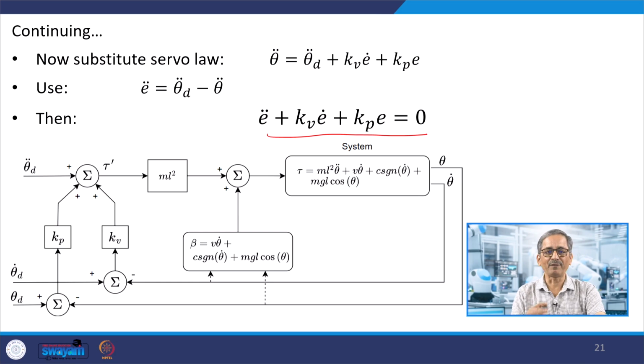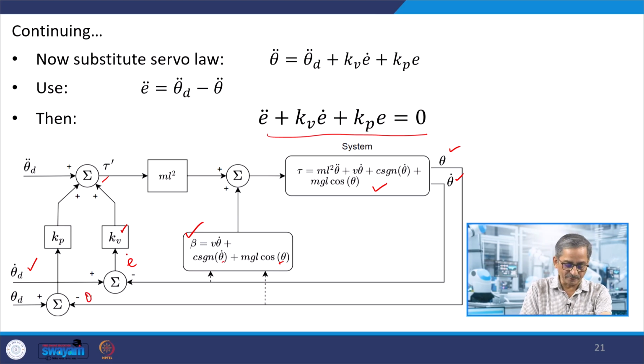If I want to explain it through the block diagram, this is my system, a single degree of freedom manipulator with the mass or weight at the tip. I get the theta and theta dot values from here, and I evaluate beta using this theta and theta dot. Theta dot and theta d dot desired I subtract to get the error derivative, multiply it with gain kV, and send it over here.